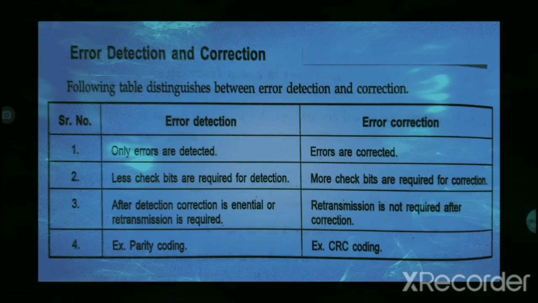Second point, fewer check bits are required for detection, more check bits are required for correction. After detection, retransmission is required. Retransmission is not required after correction. Example, parity coding. Example, CRC coding.